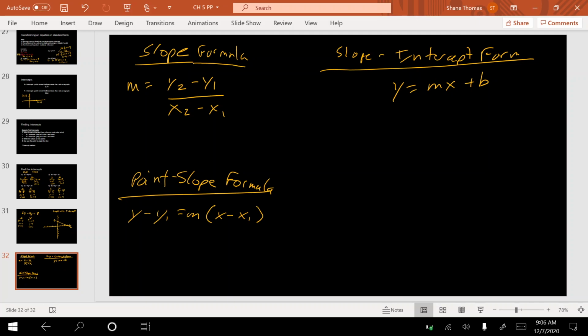All right, and into that, your y1 and x1 is where your point goes. You only have to use 1 point. And then your slope goes in for m. And then to simplify it, you distribute the right side, then add or subtract that term from the left over.